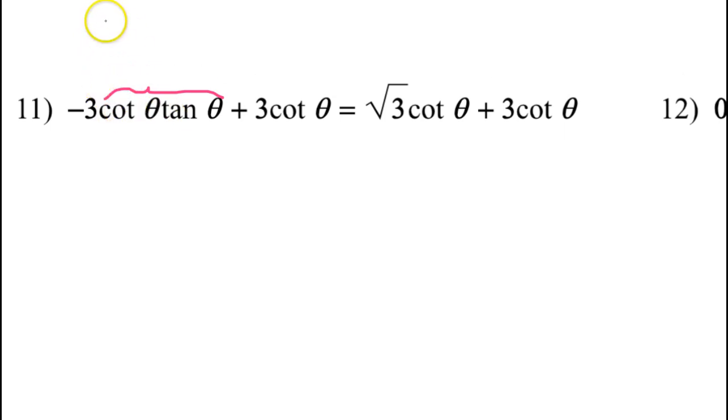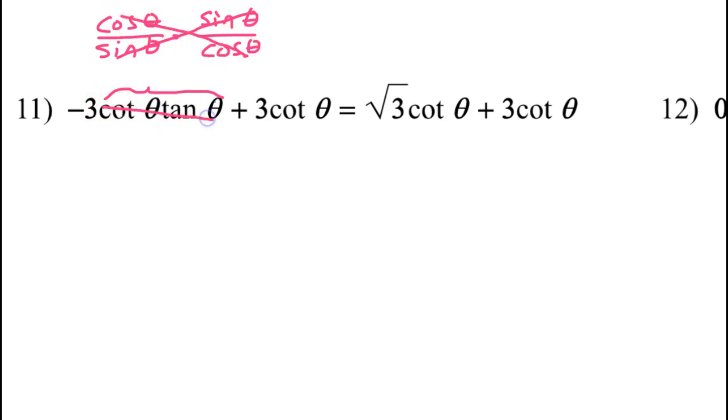Cotangent is the same thing as cosine over sine, and tangent is the same thing as sine over cosine. So cotangent times tangent is just going to be 1, because everything cancels out.